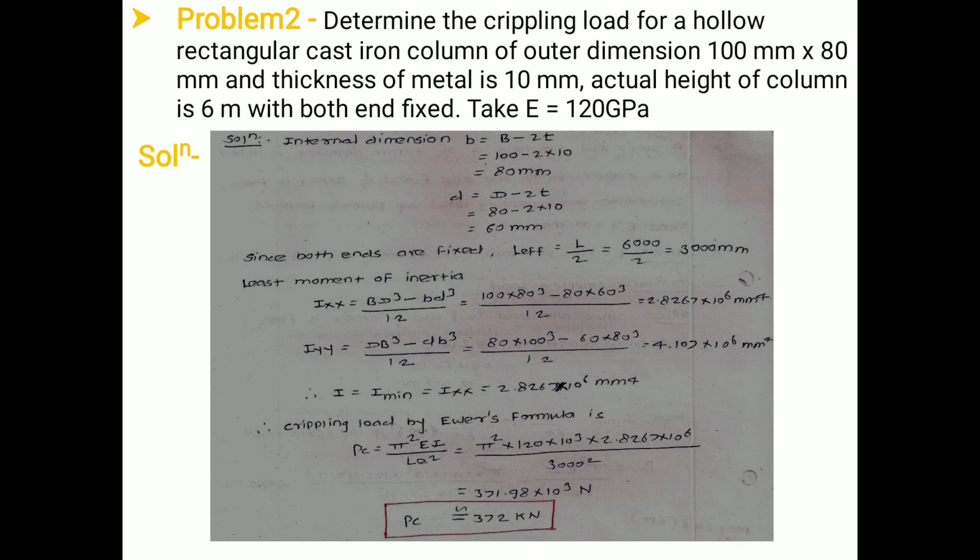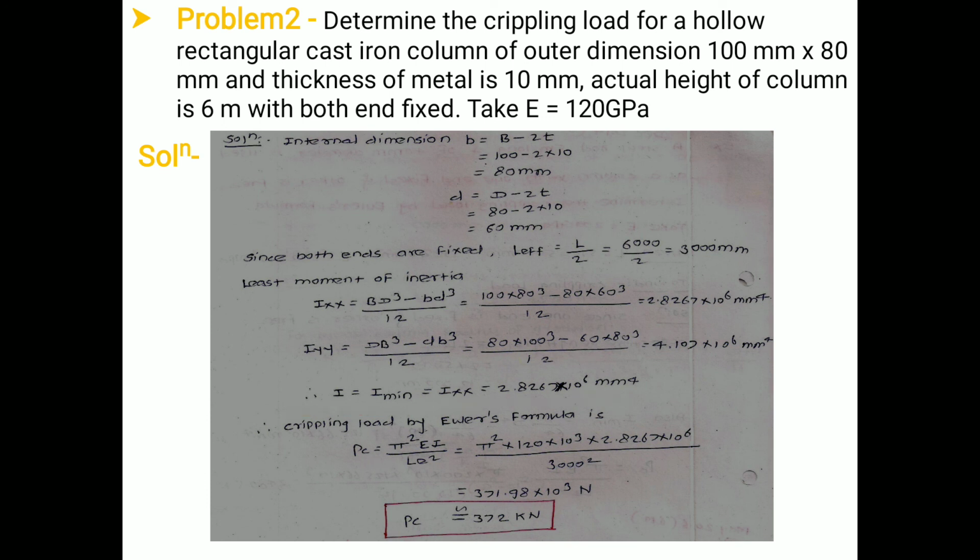Okay, so as per the Euler's formula, pi square EI upon L effective square, we have I is nothing but I minimum. So we are going to consider the minimum value of Ixx and Iyy. So we will have I minimum equal to 2.8267 into 10 raised to 6 mm raised to 4.